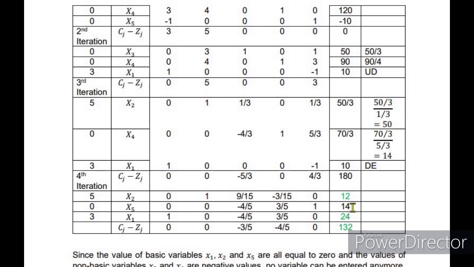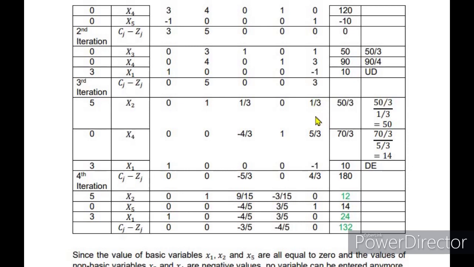Okay, so next, think of a number to rewrite row x sub 2 and x sub 1 that will form an identity matrix. Okay, for x sub 2, this value should be 0 to have an identity matrix. So what number is to be used here? So we will use 1/3, because when we multiply 1/3 by 1, it is equal to 1/3. Then we will subtract it from the original value.